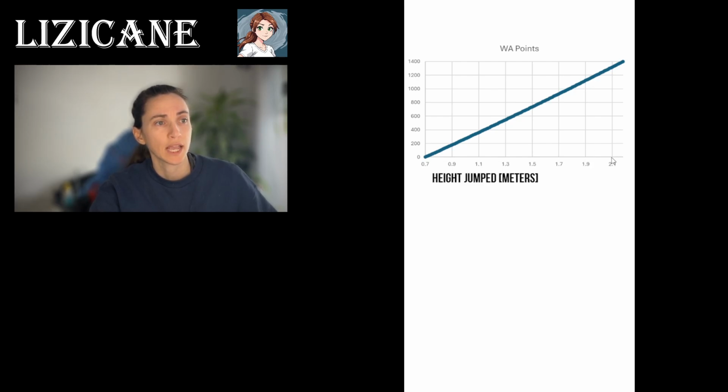And 2 meters being halfway between 1.9 and 2.1, right about there is where it switches to 1,200 points. The way you read this, it's kind of hard to get the exact number off this, but we're getting the idea. If you jump 0.9, you're going to get about 200 points.